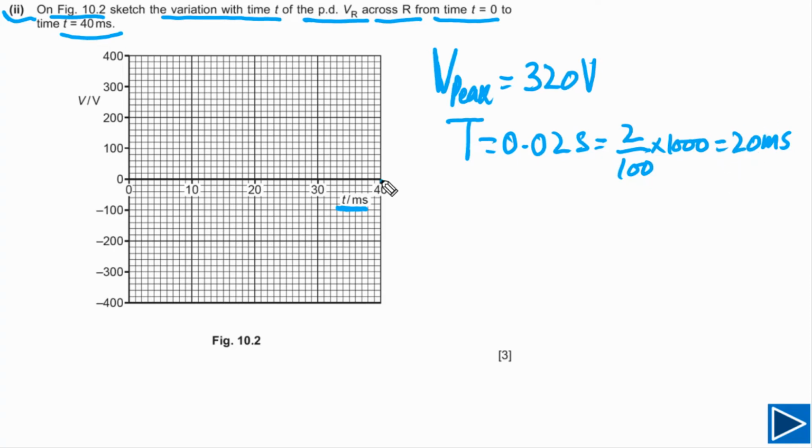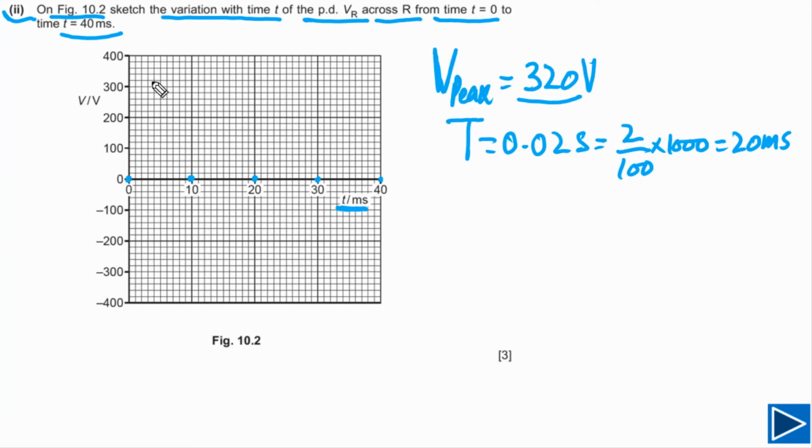It means that in 40 milliseconds we have 2 cycles, or after every 10 milliseconds there is 1 half cycle. First of all, let's sketch the sinusoidal curve, then we will sketch the half wave rectification curve. As the peak voltage is 320, we can mark the peak value.